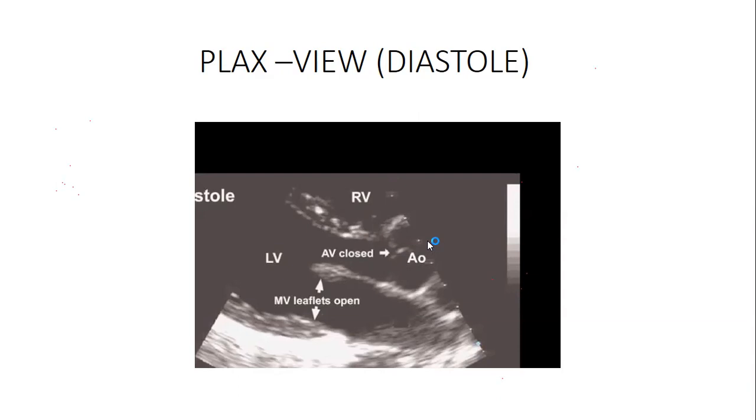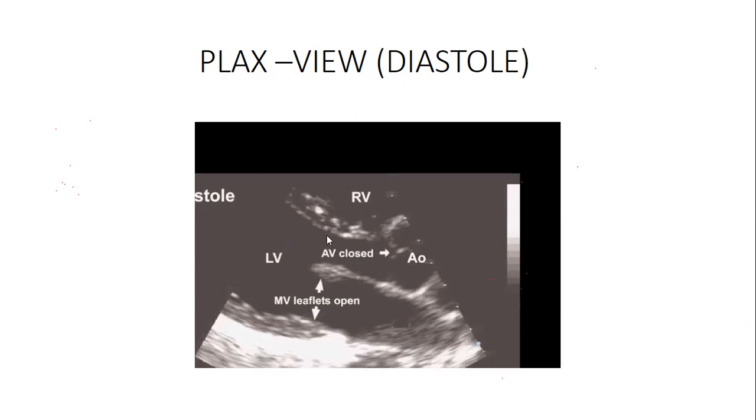These coronary arteries are very important to understand at this level. I'll show you in another section. This is the anterior mitral valve leaflet, and then we've got the posterior mitral valve leaflet. It's not clear here, but I'll show you. These two close here.